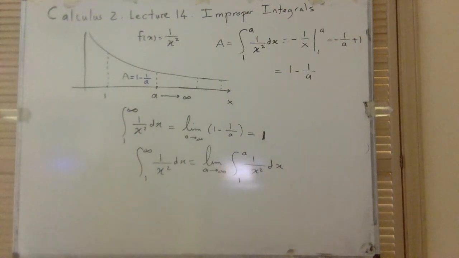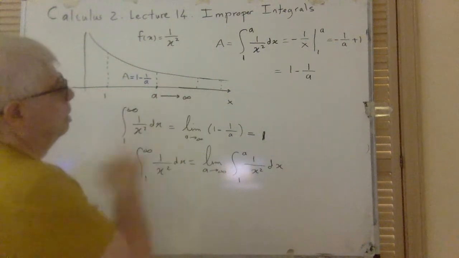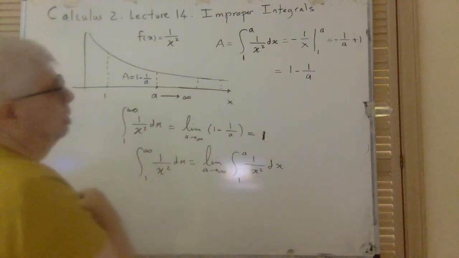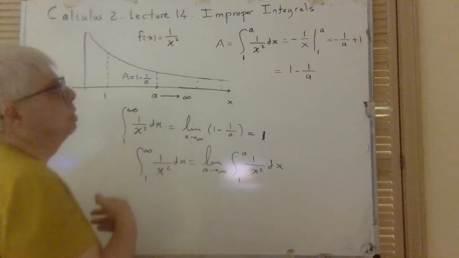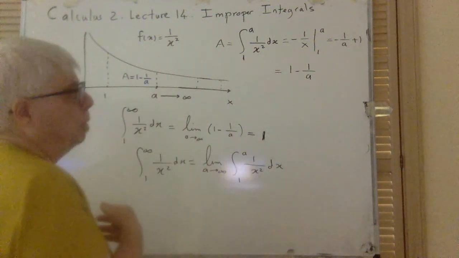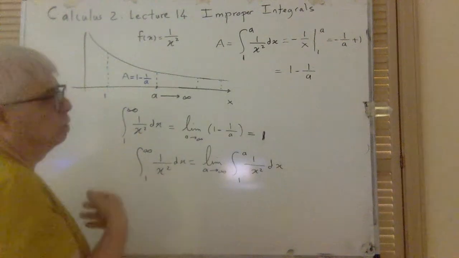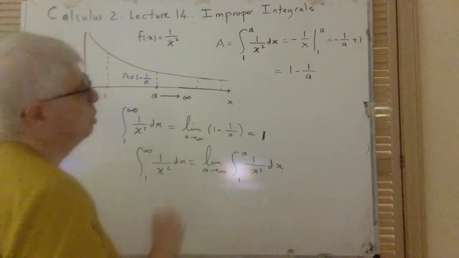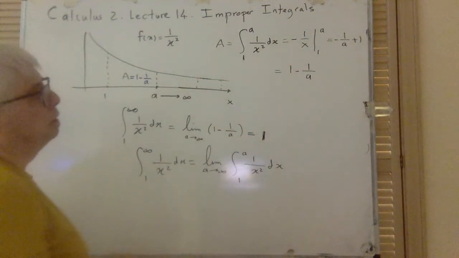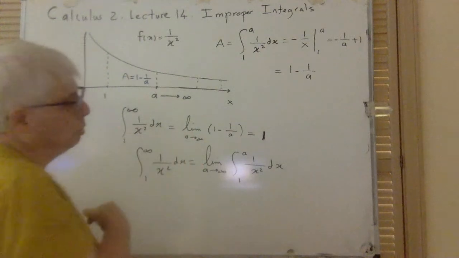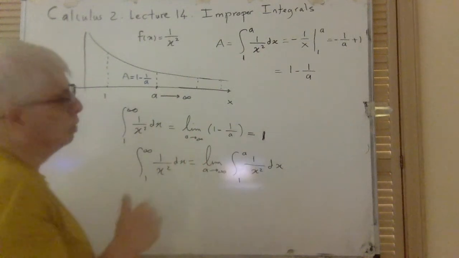As I said, it's natural to say that the area of this unbounded geometric object, which is not bounded from one side, is in fact the limit of that as a goes to infinity, and we see that limit is a finite number, 1.